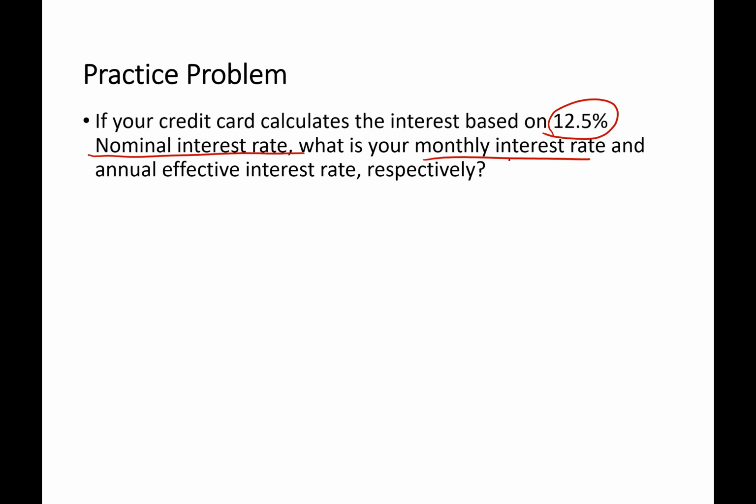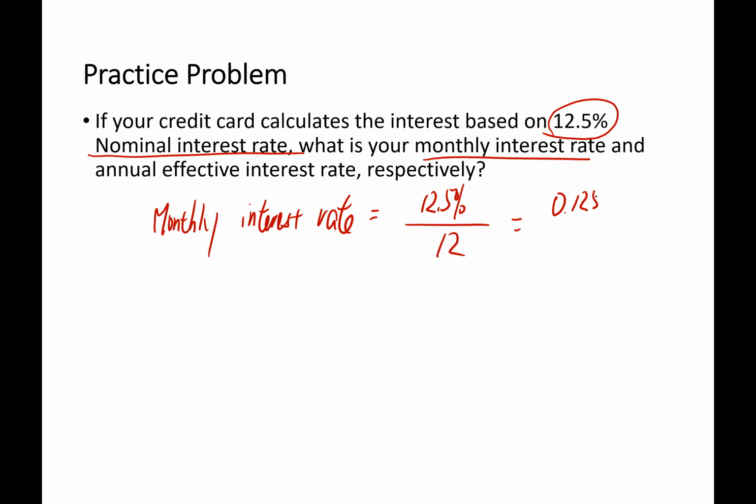You just divide the nominal rate by 12. So the monthly interest rate is 12.5% divided by 12, which is 0.125 over 12.